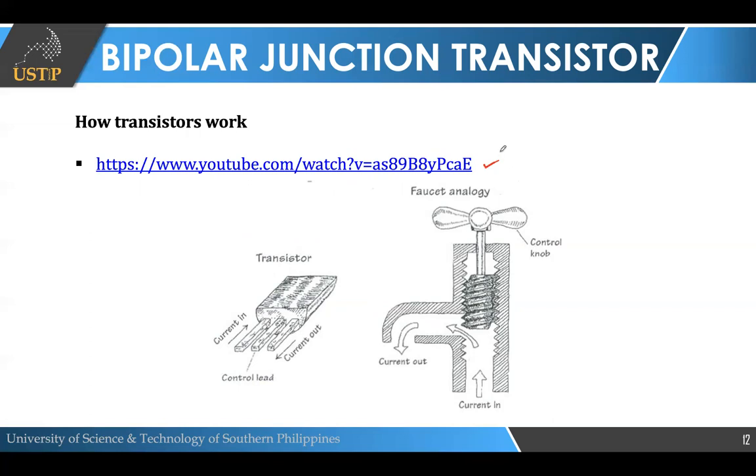So this is a very good video because it shows the analogy of how transistors work like a faucet. The knob of your faucet, your control, is equivalent to your base. And your nodes could be the emitter and the collector, or vice versa.